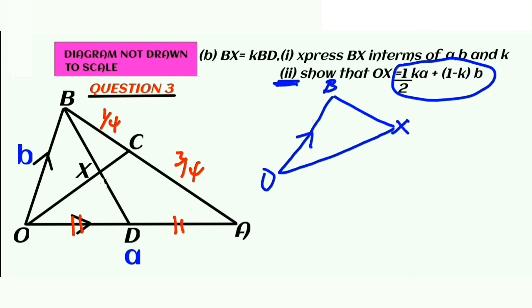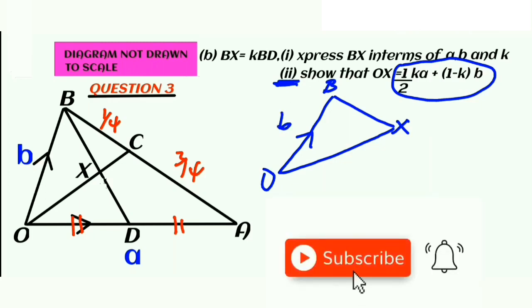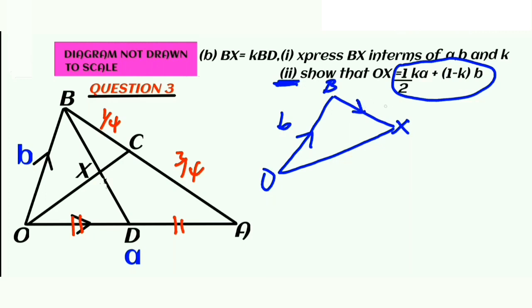OB equals B. BX from B part 1, BX equals minus KB plus half KA. So we have to prove that OX equals this value.